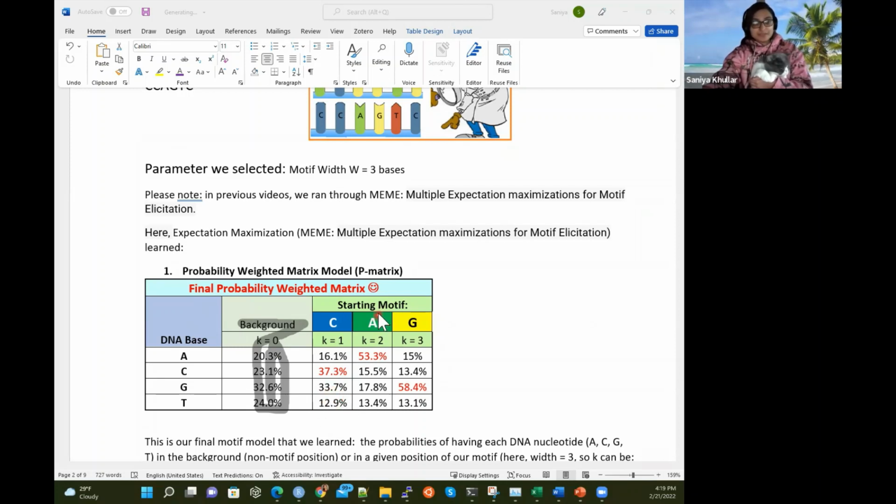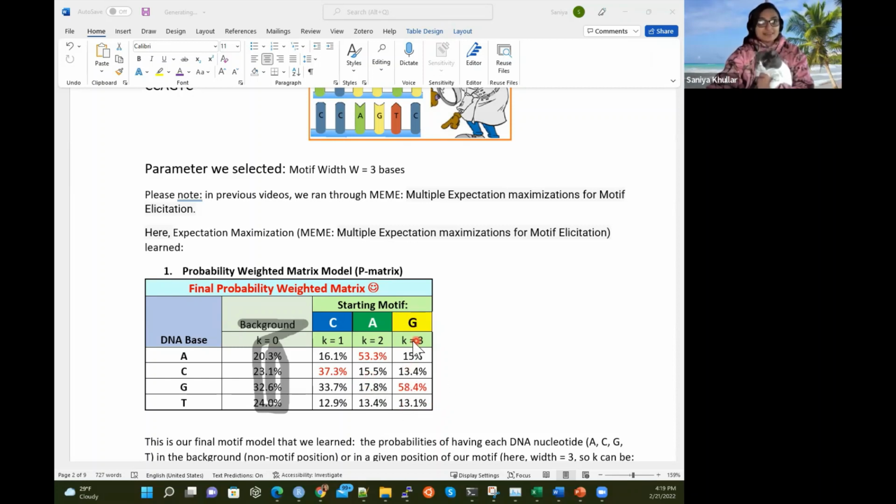And similarly, this is the second position of the motif. So 53.3% chance of an A in the second position, 15.5% chance of having a C in the second position, 17.8% chance of G, and 13.4% chance of T in the second position of the motif.